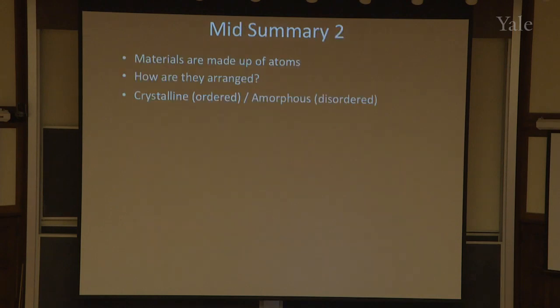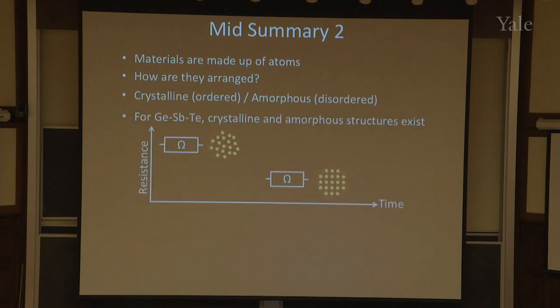All right, so I'm going to do a second sort of summary. In the first summary, we said materials are made up of atoms, and we have to find out how they are arranged. Two extreme cases were that they were crystalline when they were arranged in an orderly fashion, and amorphous when they were disordered. And I applied this to a memory technology, in particular germanium, antimony, tellurium phase change memory, which has this property: when it's in the amorphous state, the resistance is high.